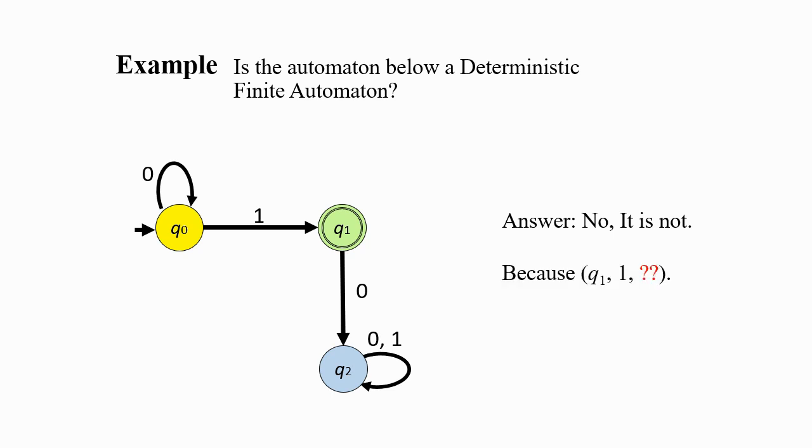Because from Q1, we have Q1 with 1 going to nothing. So Q1 with 1 is undefined. So from Q1 we have only 0s going out, but with label 1, there's nothing going out.